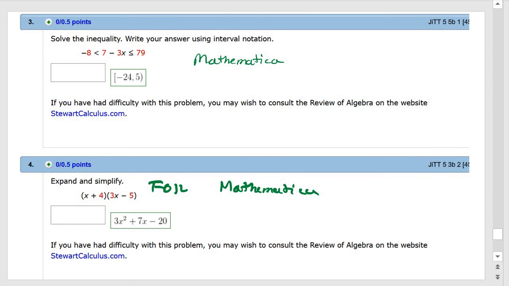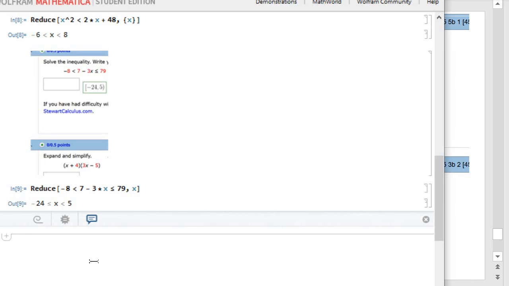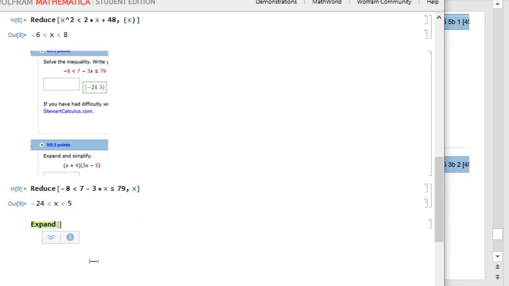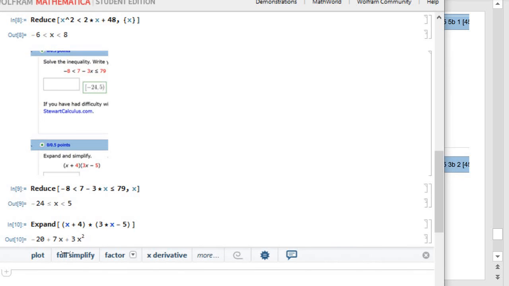All right, so let's go back over here, and Expand is the word when it says expand, or Simplify. You could also do Simplify. Let's do Expand. x plus 4 times 3 times x minus 5. And there we go. It gave it to us in reverse order.